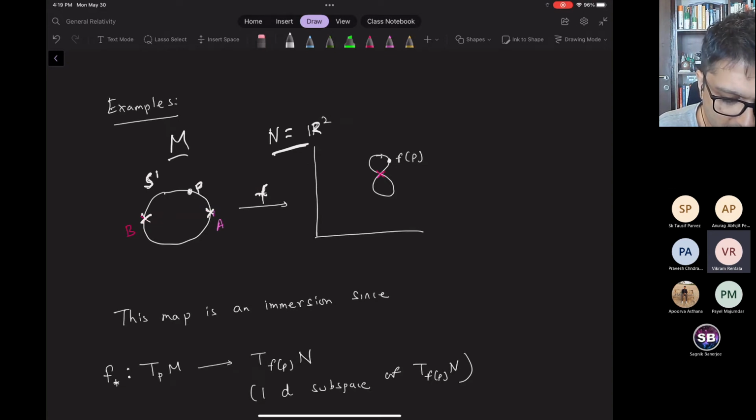Now imagine that this circle is mapped to a figure 8, like this.